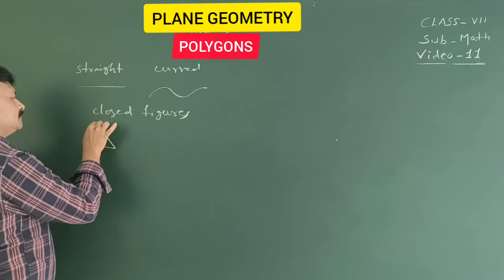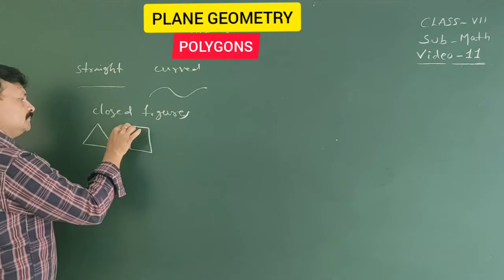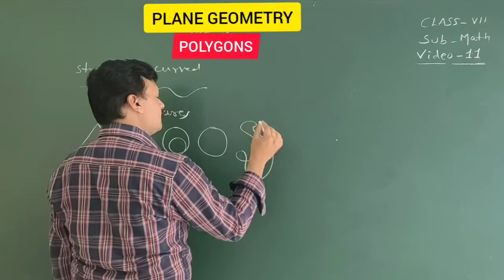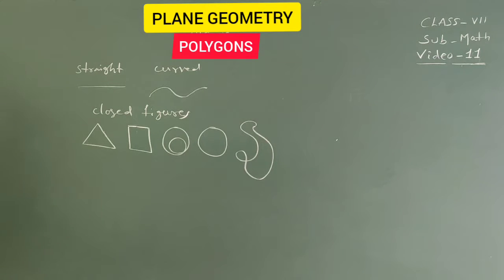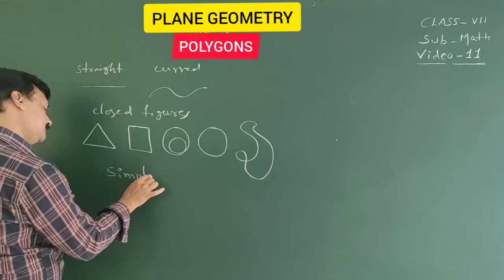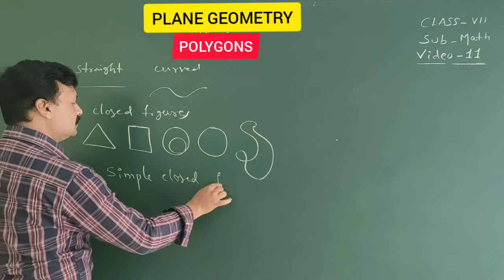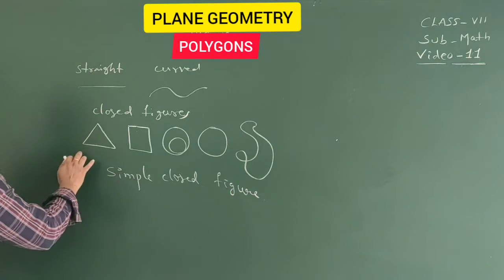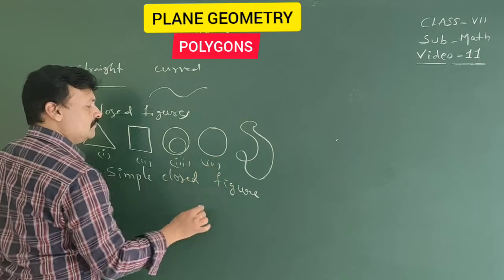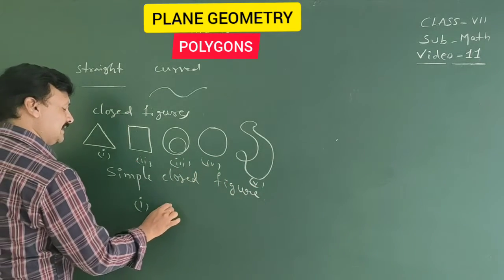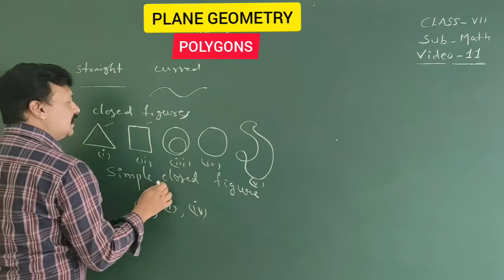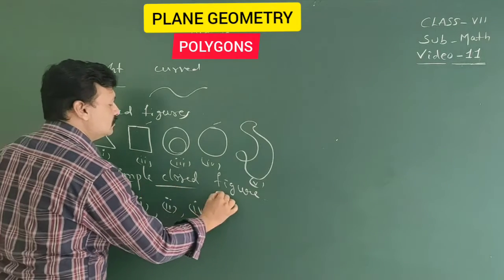Then simple closed figures. Among the given closed figures, only the first one, second one, and fourth one, here triangle, quadrilateral and circle, are treated as simple closed figures.